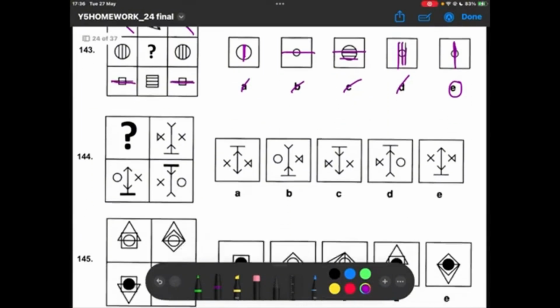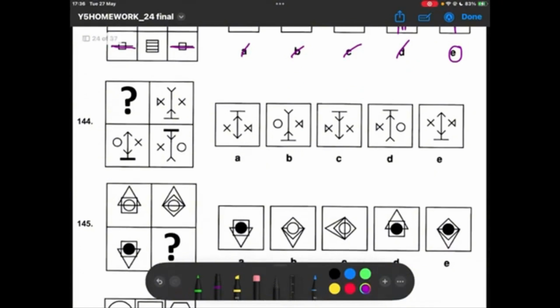Next question. So here I'm going to look at it vertically. This arrow thing pointing inwards stays the same.